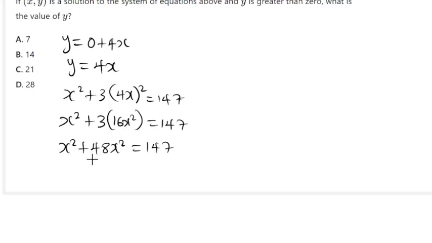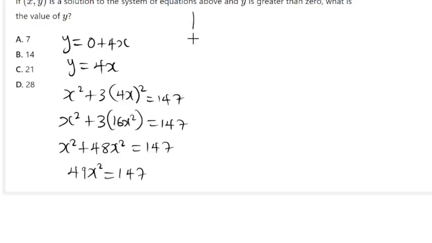Then this plus this is 49x squared is equal to 147. So to proceed, we'll divide both sides by 49, and that will give us 3.